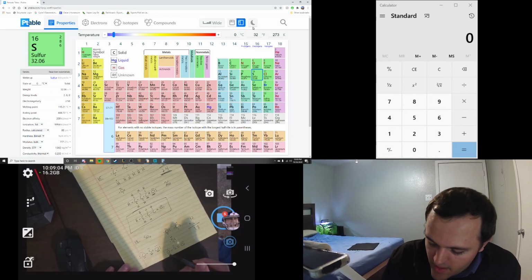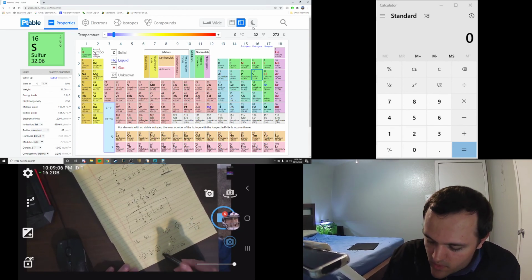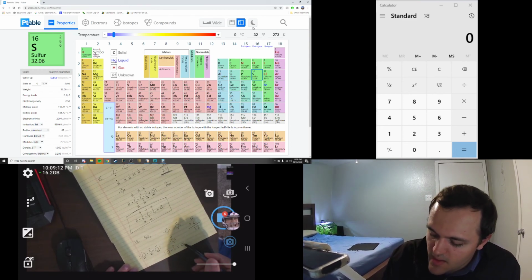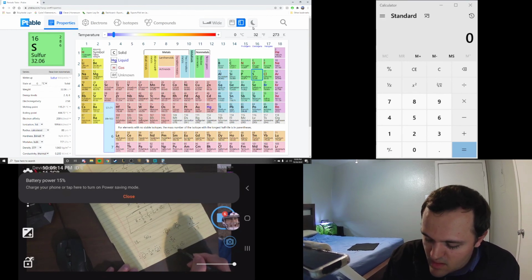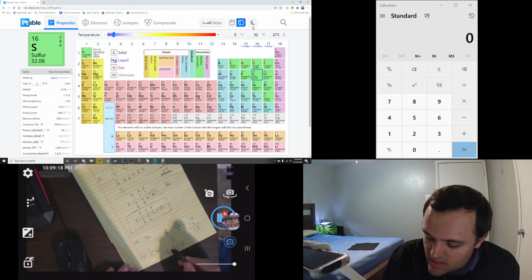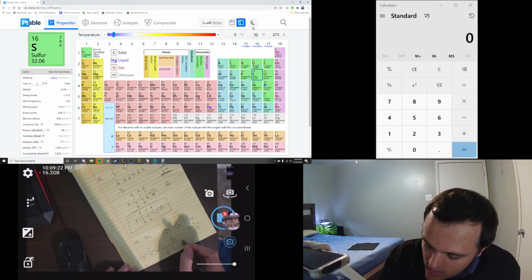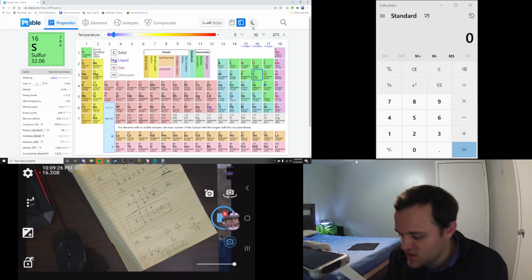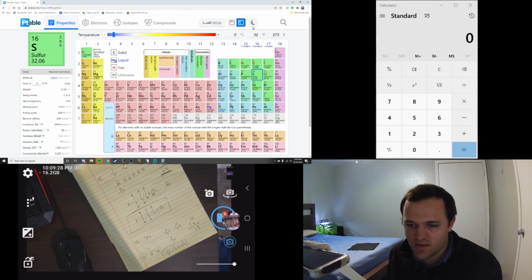So then if we go through and count, this oxygen on the left has 2, 4, 6, 8, so it's happy. Our sulfur has 2, 4, 6, 8, so it's happy. And this oxygen, 2, 4, 6, 8, so it's happy. And all together we have 2, 4, 6, 8, 10, 12, 14, 16, 18 total valence electrons, which is what we were looking for. So that would be your answer.